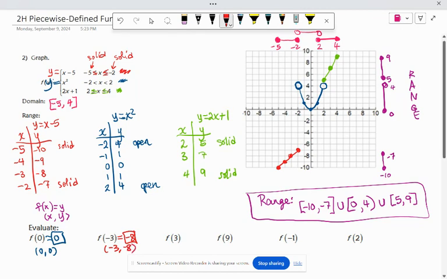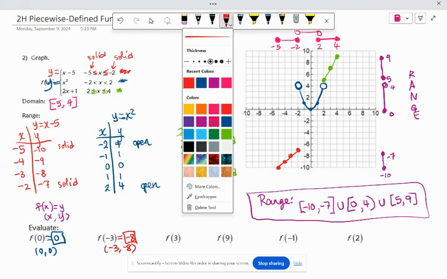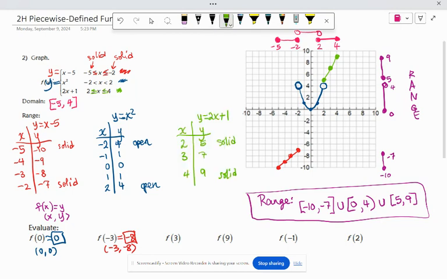For +3, we are in the green piece of the graph, and that was up here at 3, 7. So f of 3 equals 7. F of 9, all the way out here, I don't have any kind of point. So that is undefined because there is no point.